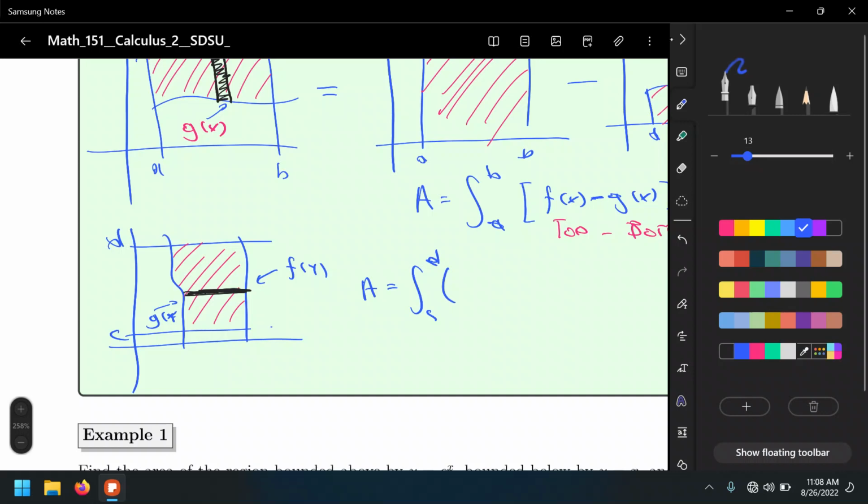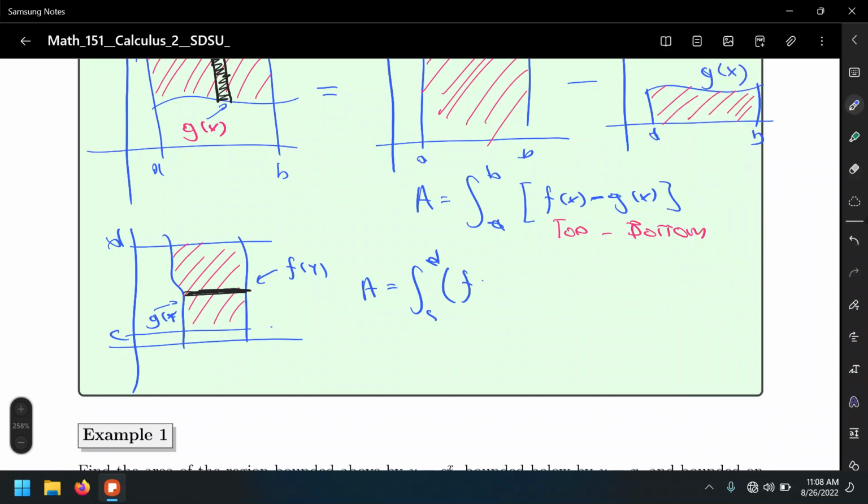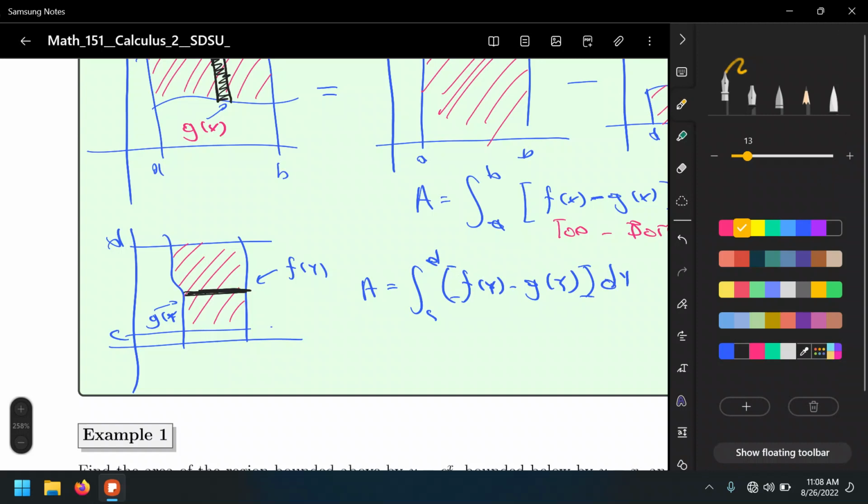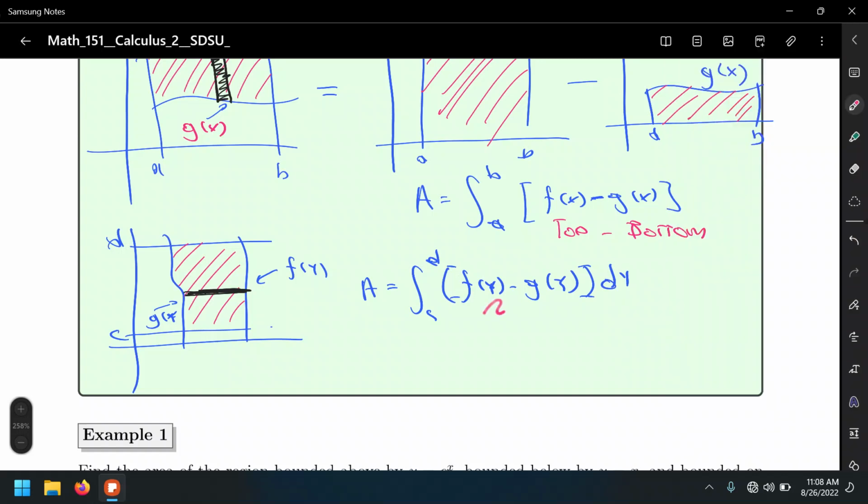And the rightmost in this case is f of y minus g of y, which is the right minus leftmost, and then with respect to y. And again, let's label this as rightmost minus leftmost.